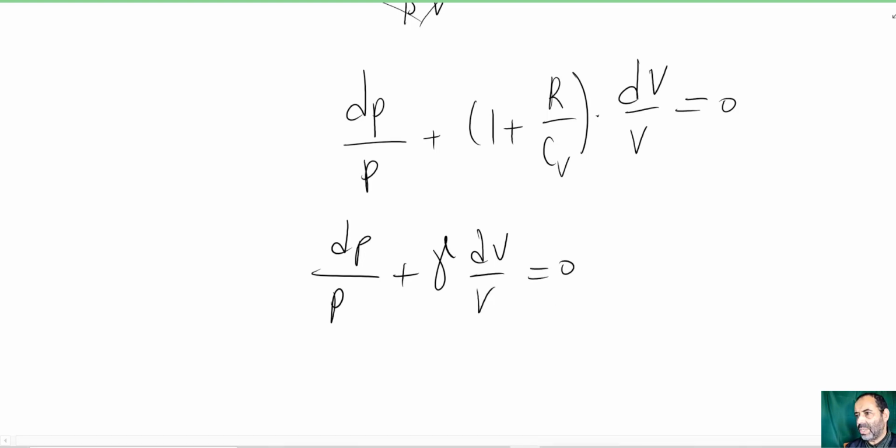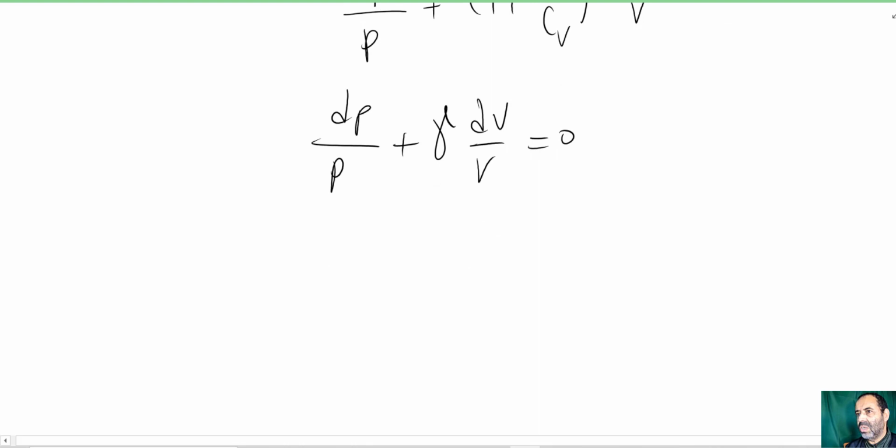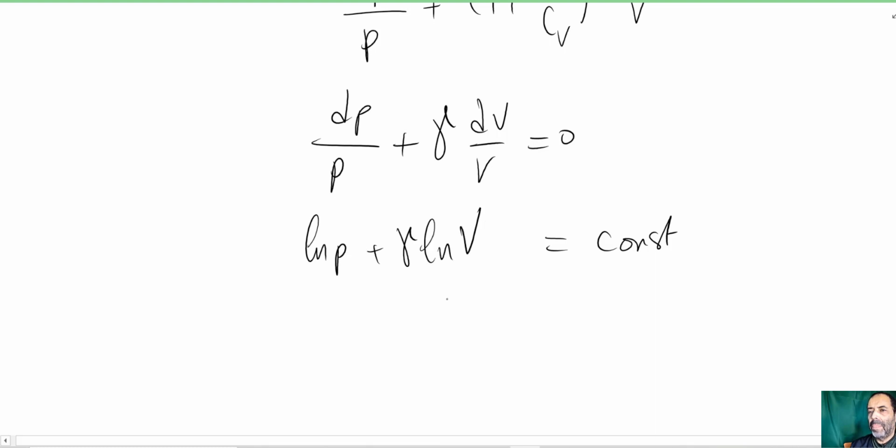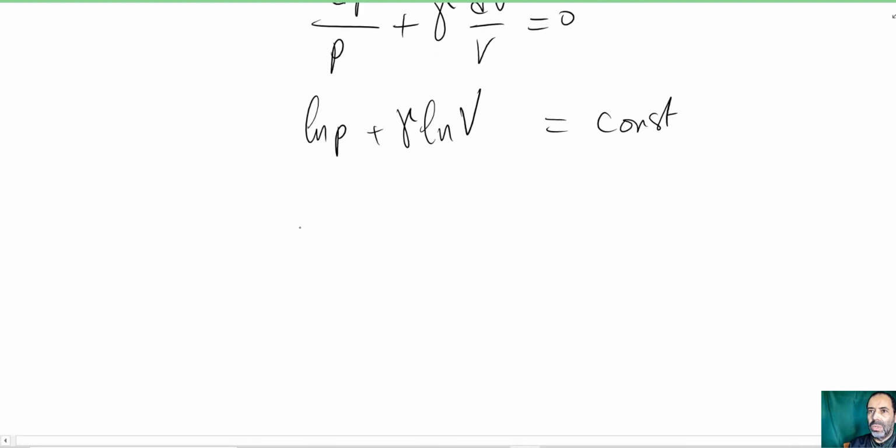If I integrate this expression, the integral of 0, first of all, is going to be a constant. So the second side is going to be constant. And the first side is the integral of dP over P, that's ln of P, plus gamma times ln of V. I'm going to combine these ln's in one expression. So this is ln of P plus ln of V to the power gamma.